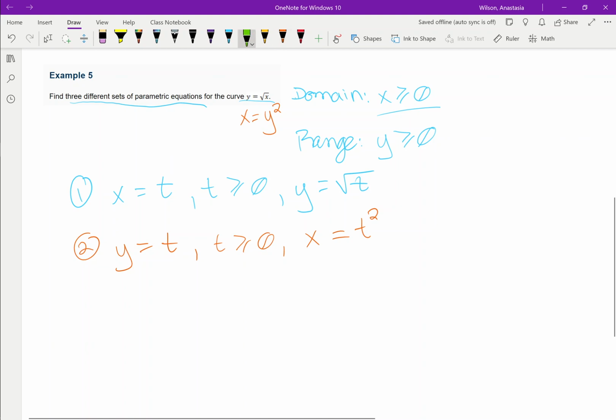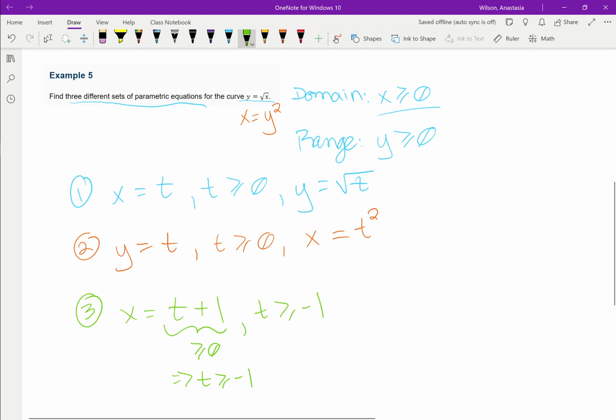From here, if we wanted to, we could get a little bit more interesting. Let's say we didn't just want x to be equal to t, we wanted x to be t plus 1. Well, if x needs to be bigger than or equal to 0, that means t plus 1 must be bigger than or equal to 0, which means that t must be bigger than or equal to negative 1.